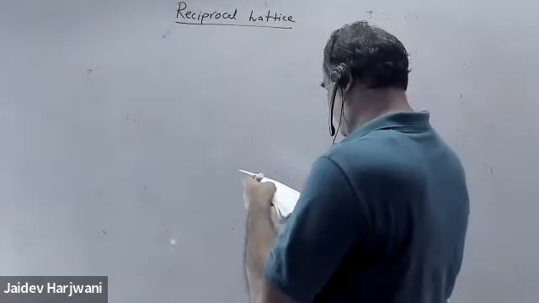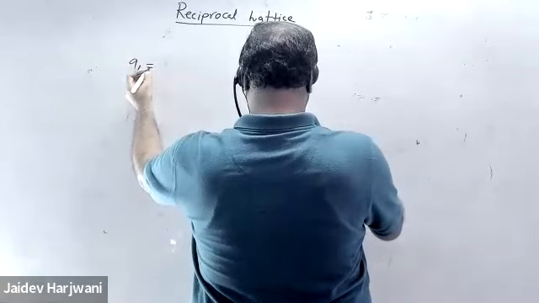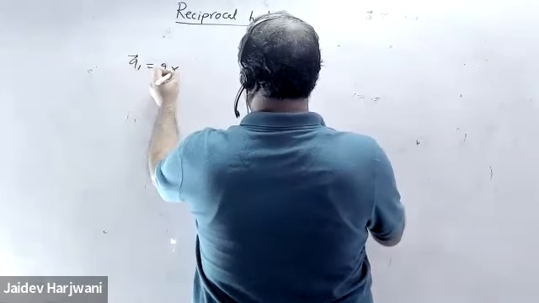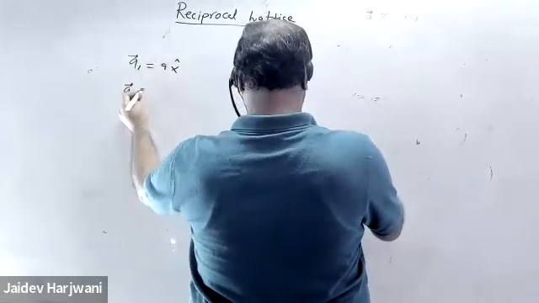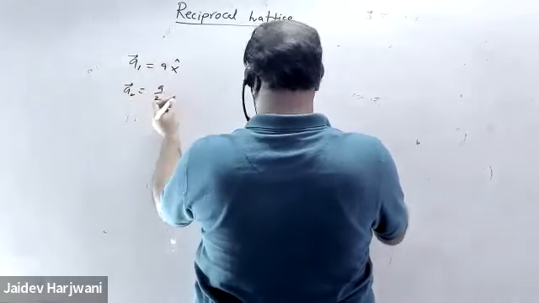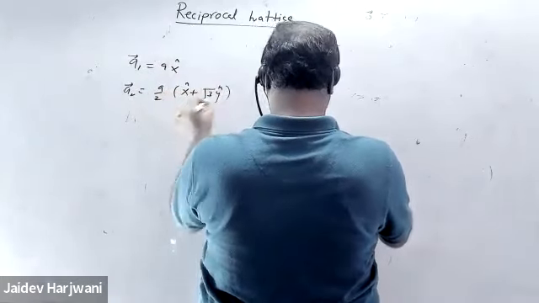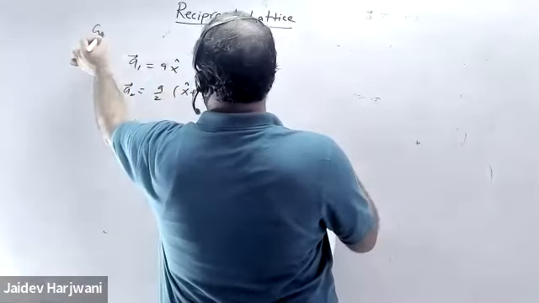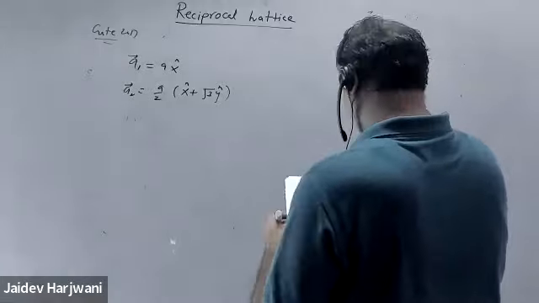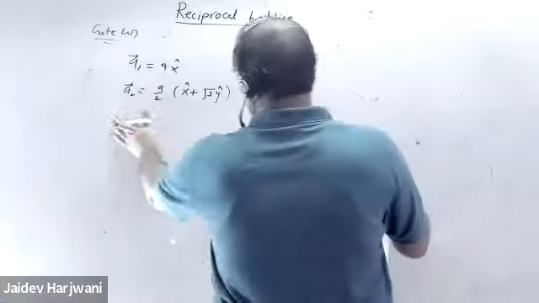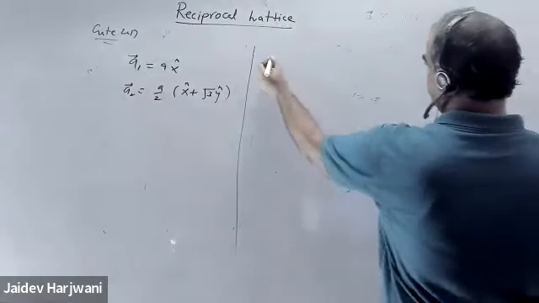So we have been given the primitive vectors of direct space. A1 is equal to a x cap. Okay, and A2 is equal to a/2 x cap plus √3 y cap. Okay, so this is the GATE 2017 problem, and it asks what the primitive vectors of the reciprocal lattice are. Okay, so they have given the options.